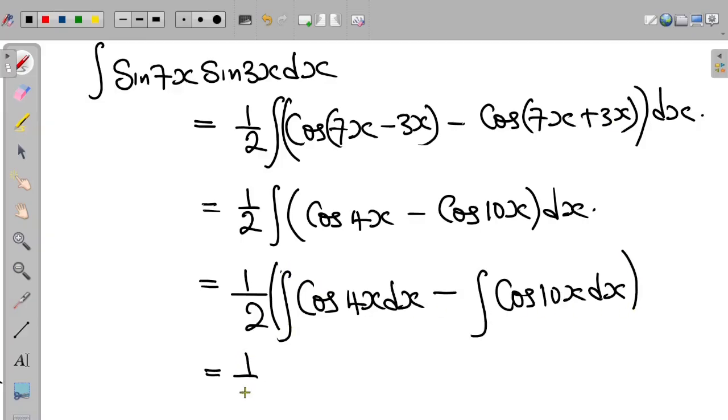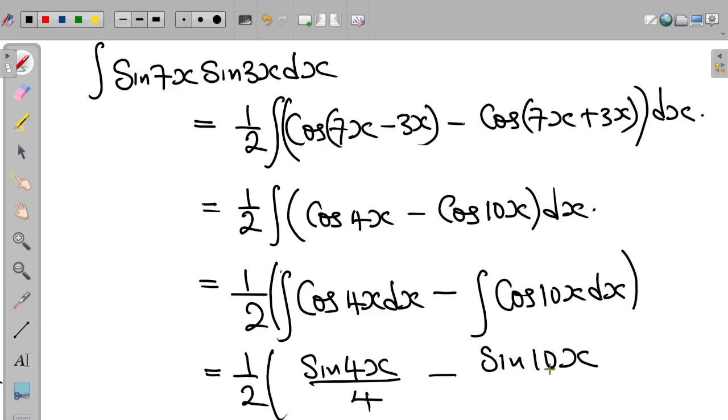So 1 divided by 2, open a bracket, the integral of cos 4x dx is sine 4x divided by 4, minus the integral of cos 10x dx, which is sine 10x divided by 10, plus our constant of integration, which is c.